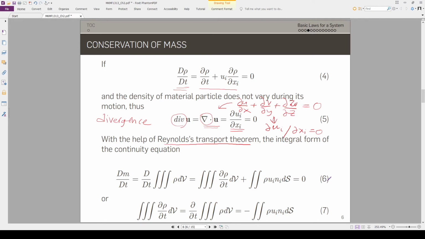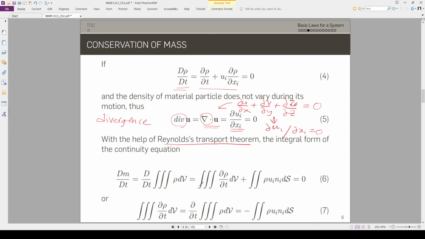So apart from the partial differential, the material derivative of the continuity equation, a similar equation can be written in integral format. So the integral form of these conservation law equations is very popular when we are dealing with finite volume methods, or finite volume problems.